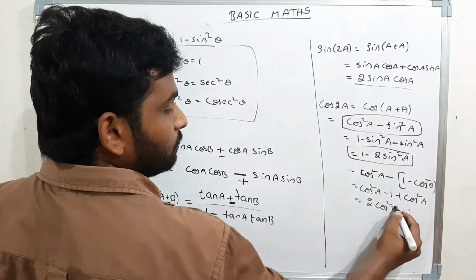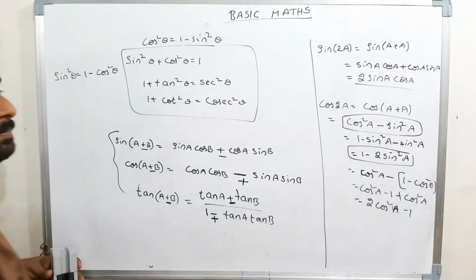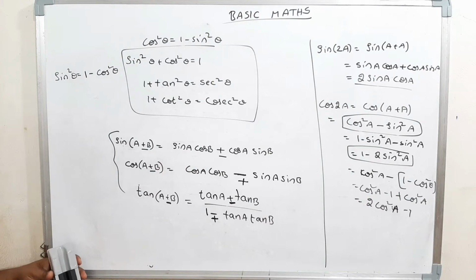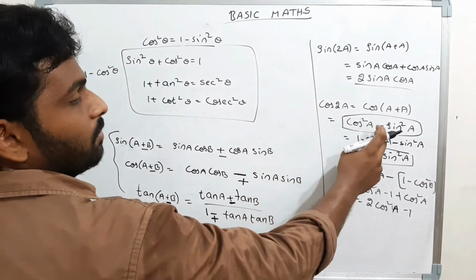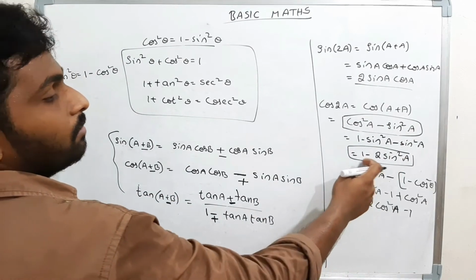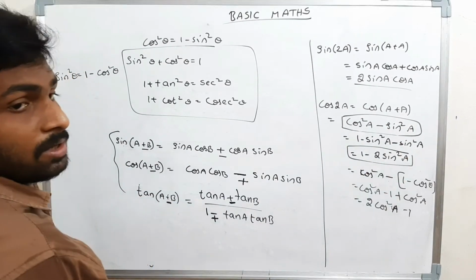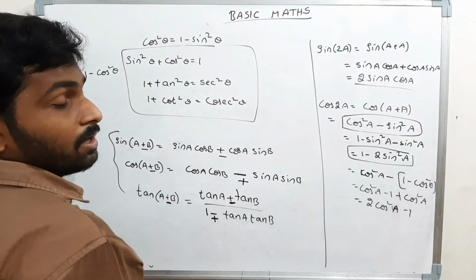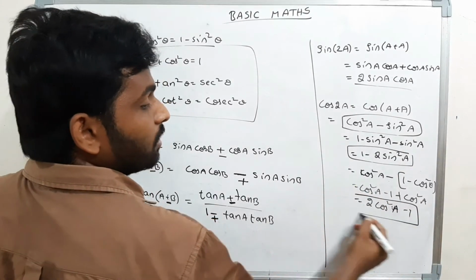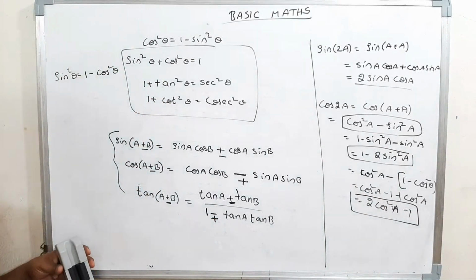This is one more formula. Observe carefully: cos 2A is equal to cos square A minus sin square A, or 1 minus 2 sin square A, or 2 cos square A minus 1.